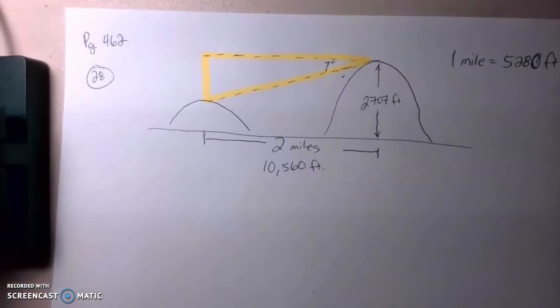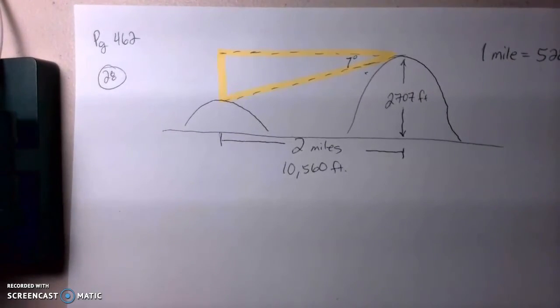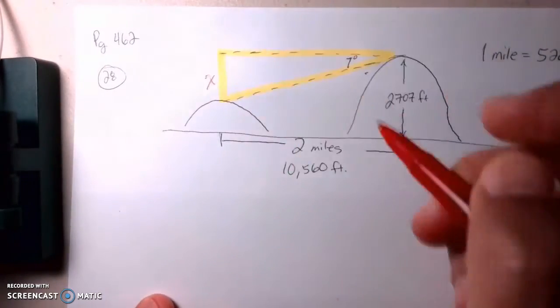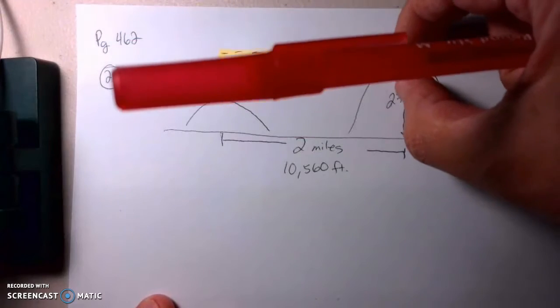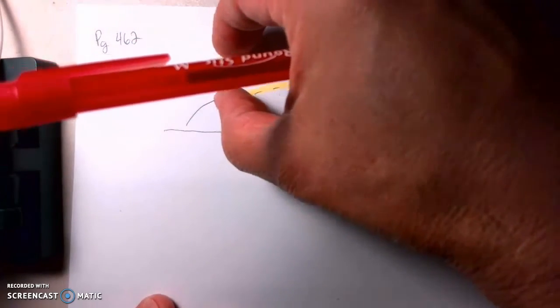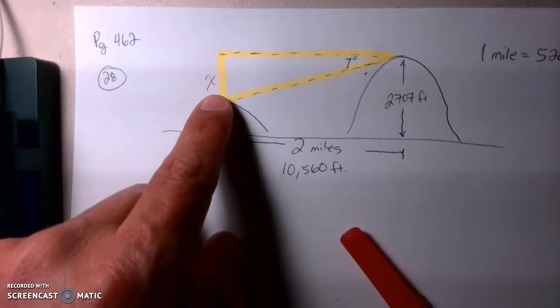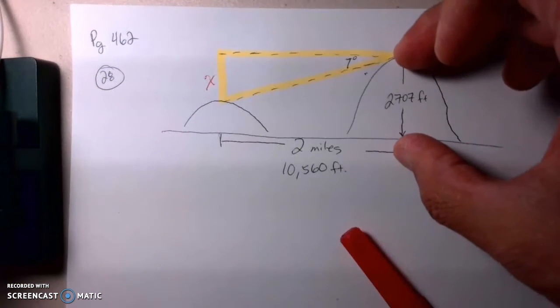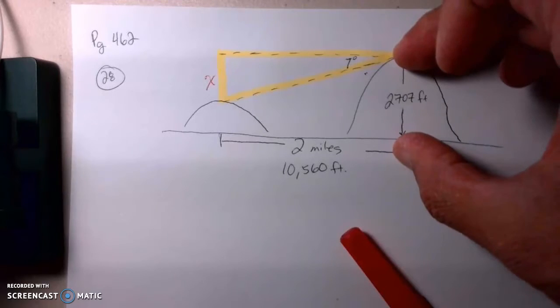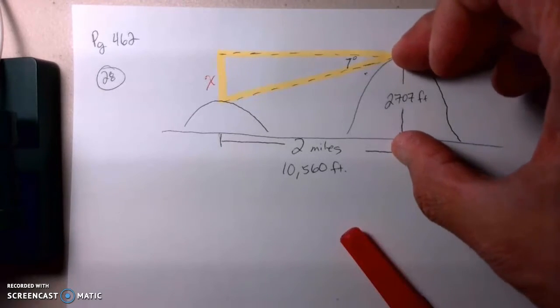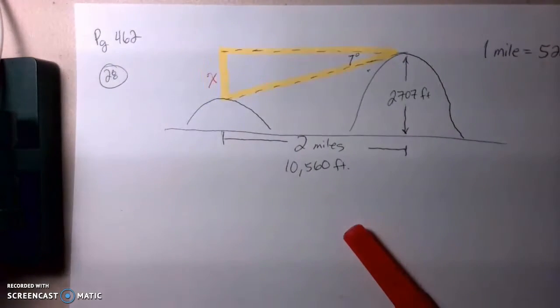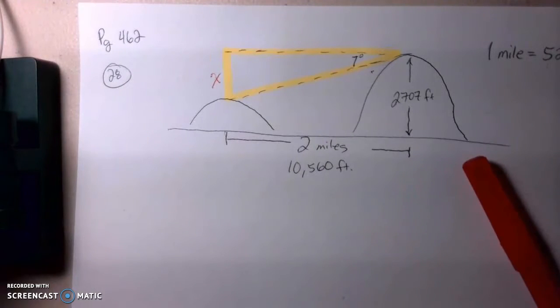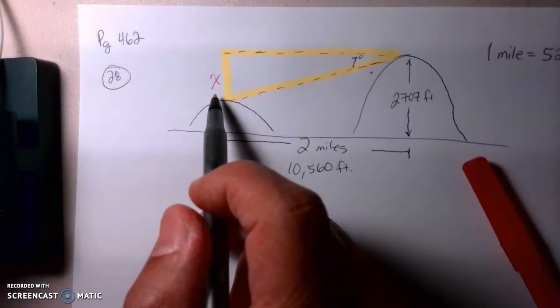Hopefully you can see this right triangle there. And we're going to figure out this x, because that's the difference between the tall hill compared to the small hill. And if we can figure out x, then we would simply take 2,707 feet and minus out x, and that will give you the small hill. So, first thing we're going to do is try to figure out the x.